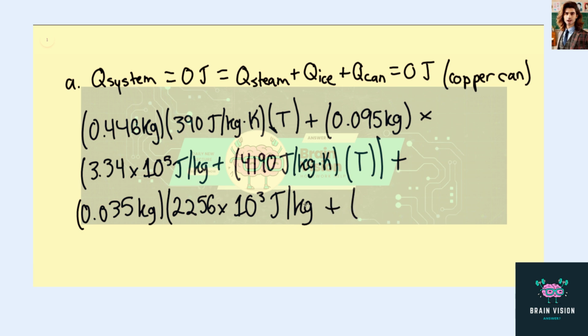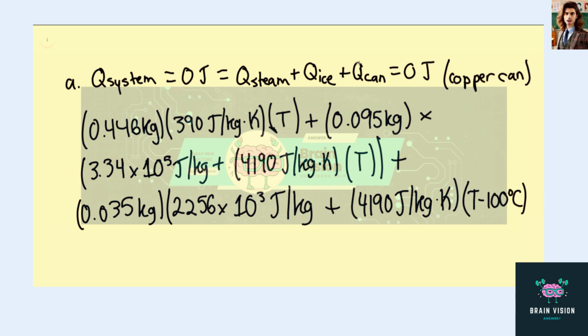Plus, and then here it would be again the specific heat of water, so 4,190 joules per kilogram. We're assuming that everything melts and everything condenses as well. However, here it's not going to be T. The steam actually begins at 100 degrees Celsius, so we'll have T minus 100 degrees Celsius.